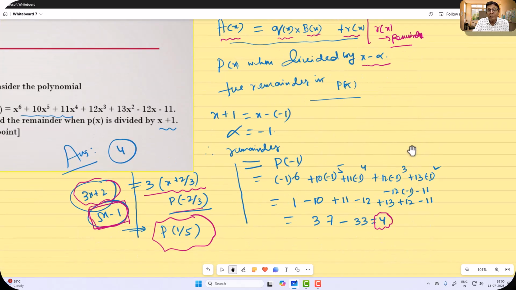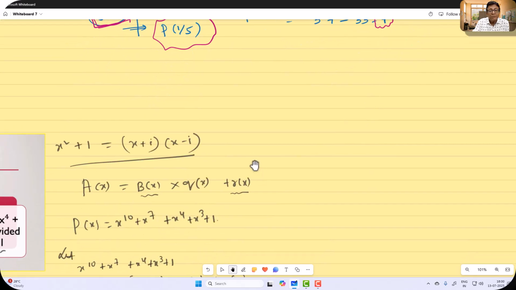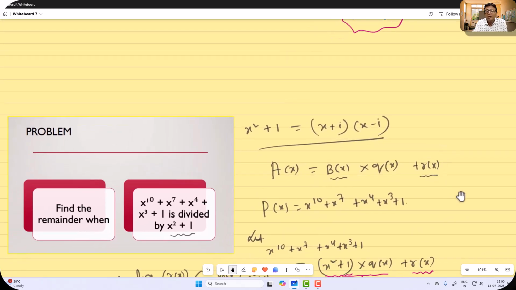The next problem is going to be on this, that when you are dividing by a quadratic polynomial, what will be the remainder? This kind of problem you might have practiced for your IOQM or other examinations, but at normal school level you haven't done it.